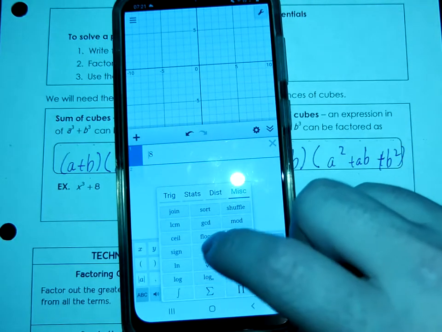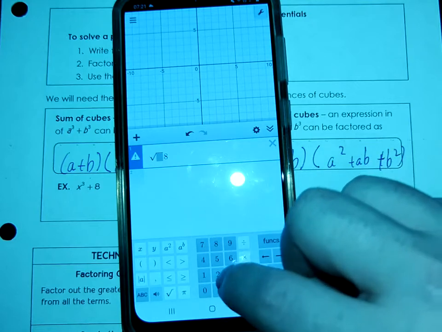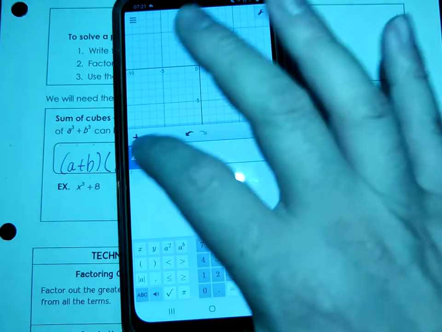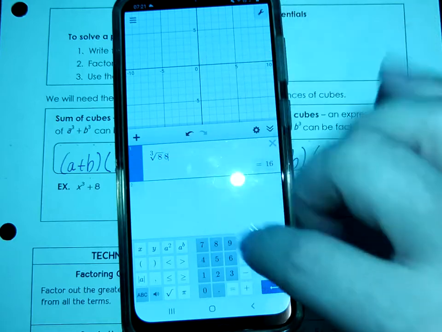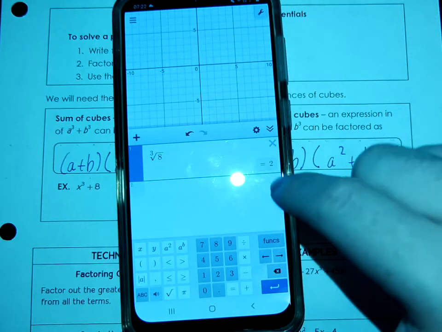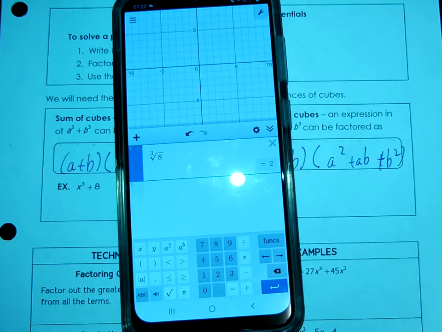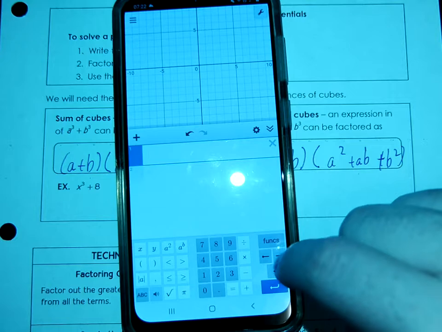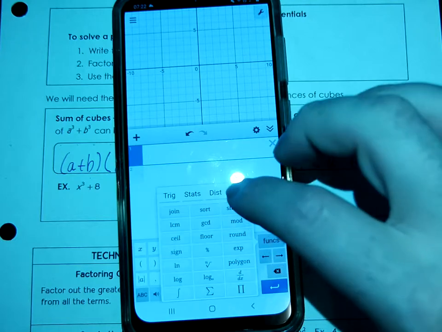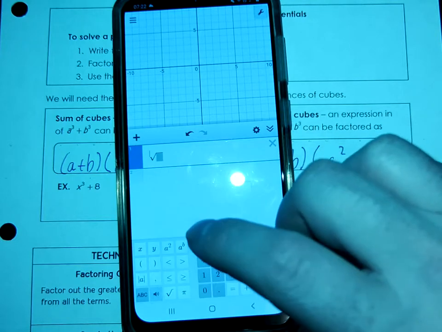I cannot find the symbol for it. Alright, so there it is. The cube root of 8 is 2. How did I do that? Again, I went to the menu here and I found this little guy.